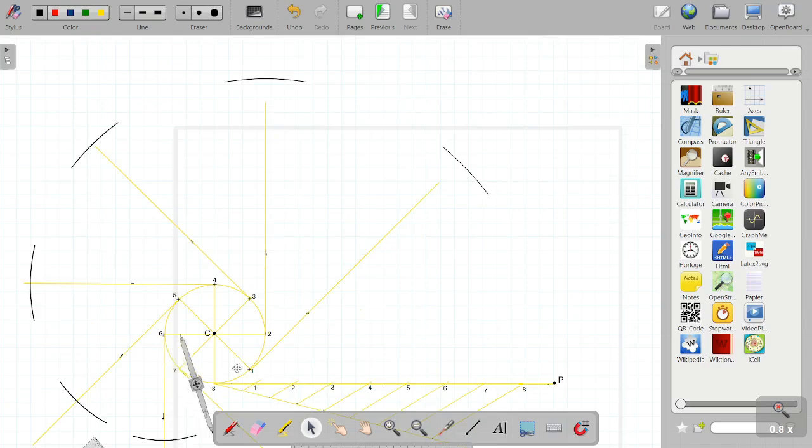Then we will go for point 7, measuring the distance from point 7 to point P, keeping the compass on point 7 now and making an arc on the projector of point 7.